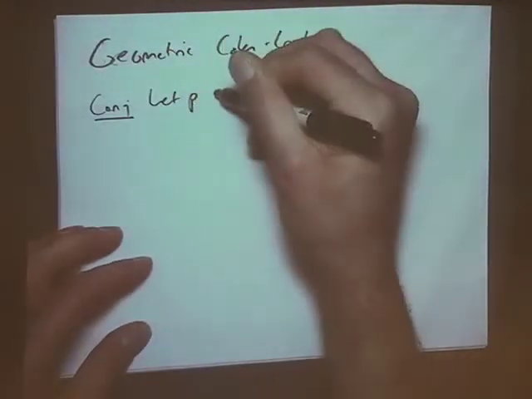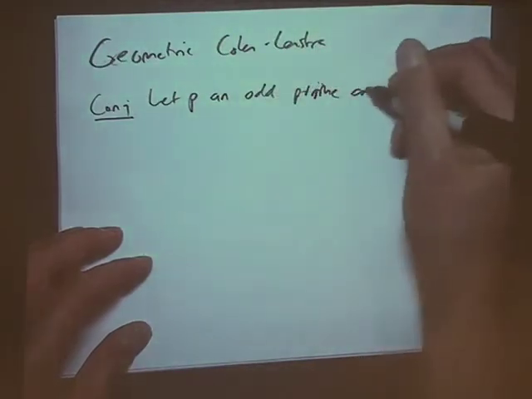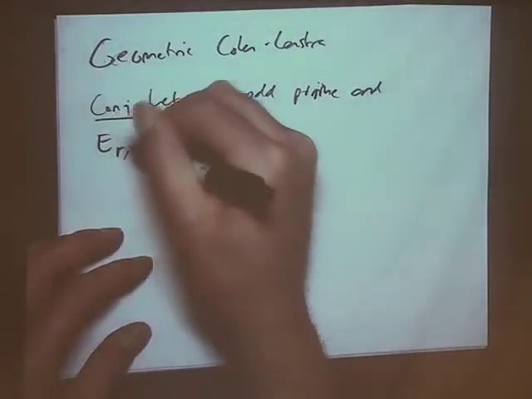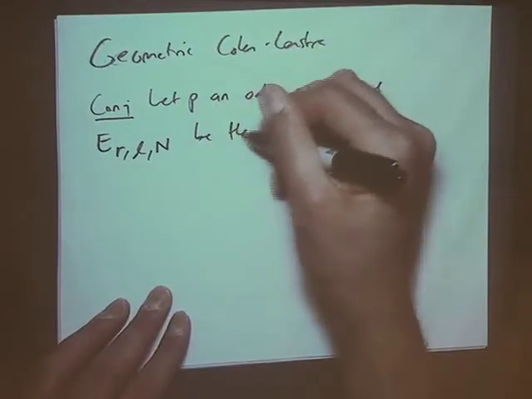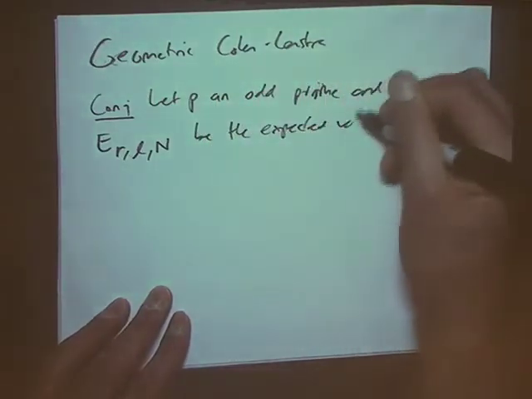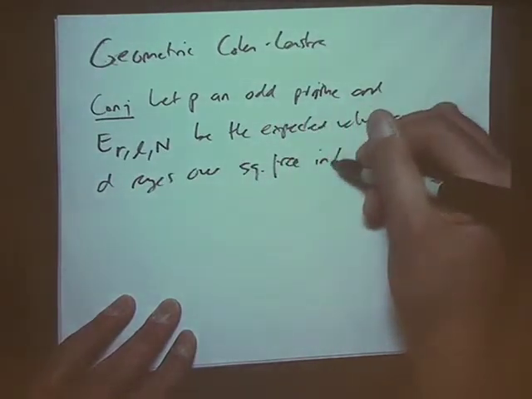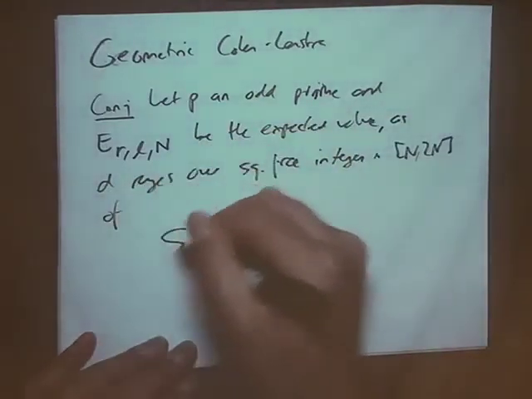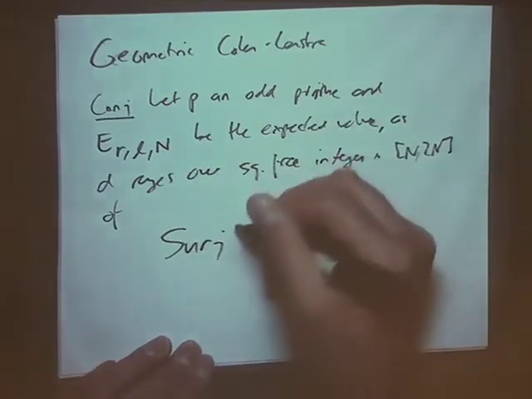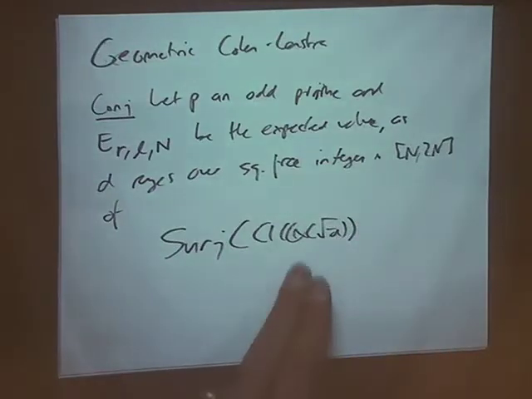So let L be an odd prime, and let E sub R, L, capital N, lots of indices, be the expected value, as D ranges over square-free integers in N comma 2N, of the following thing: surjections from the class group of Q adjoin root minus D. Okay, so this is the entity we're studying, right?